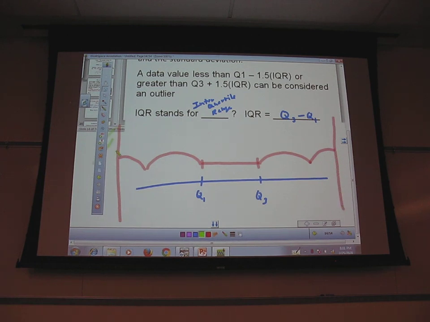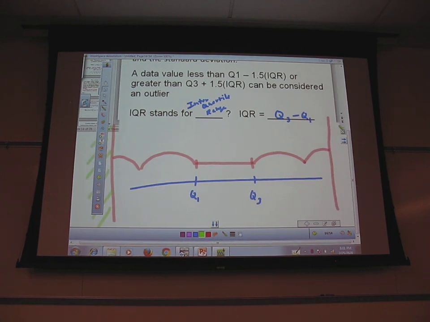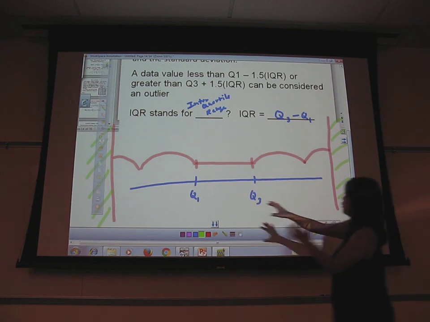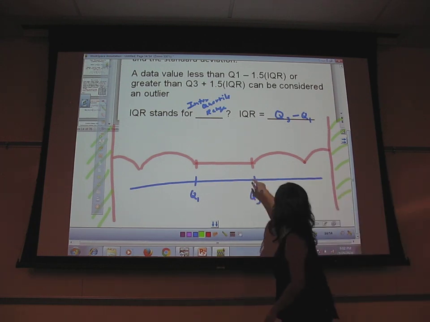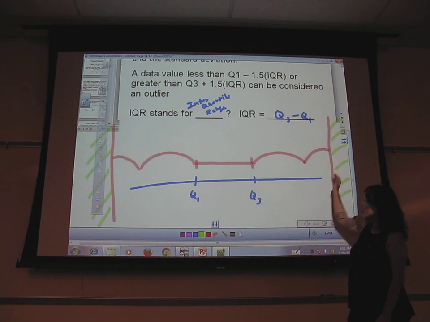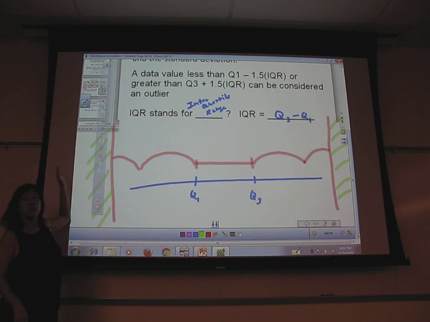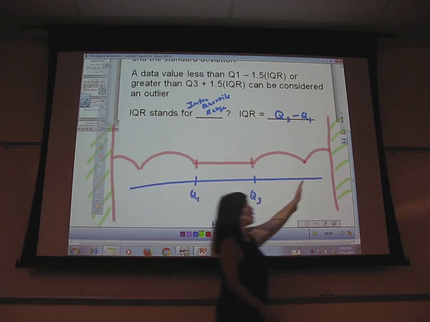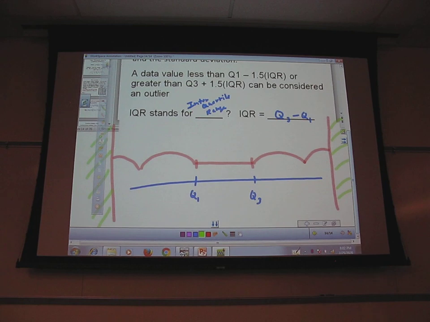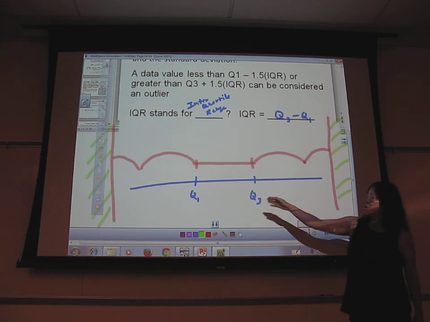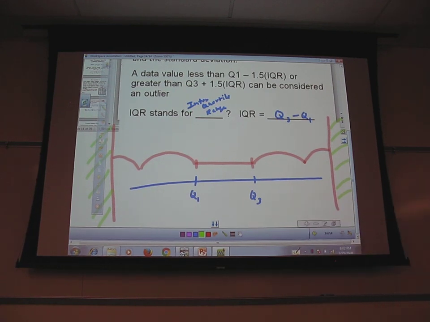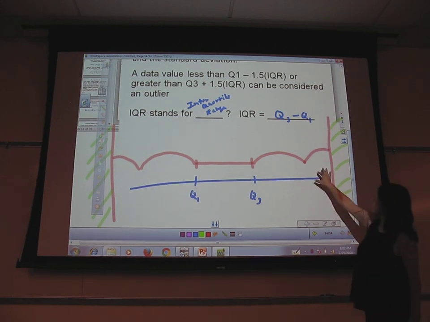So this area over here, and this area over here, those would be outlier territories. Does that make more sense? Here's my Q1, Q3. This is the interquartile range. If I go 1.5 of them this way, and from here 1.5 of them this way, then anything beyond here is an outlier. Anything beyond here is an outlier. That's outlier land. Anything in here is not an outlier. It might be unusual, but it wouldn't be an outlier.